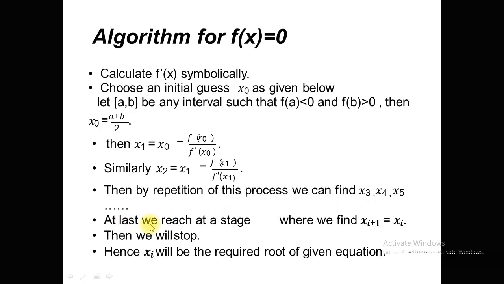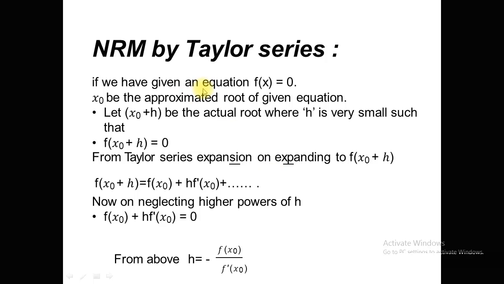At last we reach a stage where we find xi plus 1 is equal to xi, then we stop. Hence xi will be the required root of the given nonlinear equation. Now, to derive the Newton-Raphson formula by using the Taylor series.